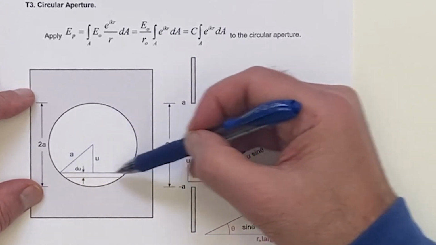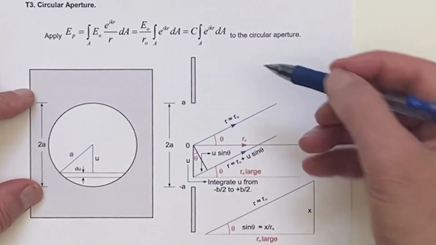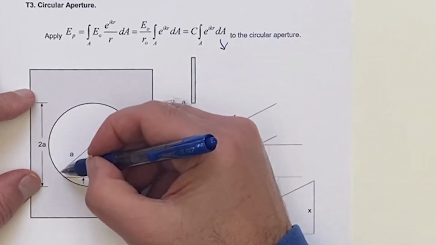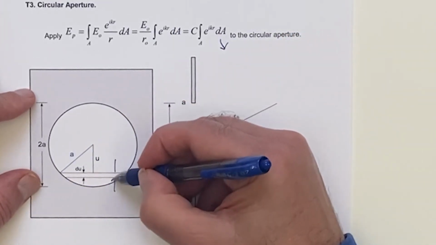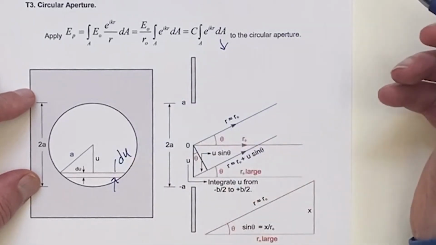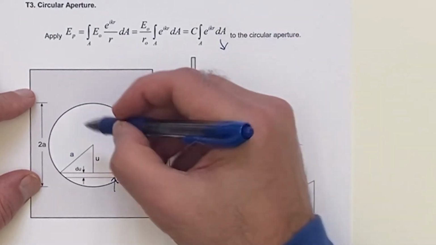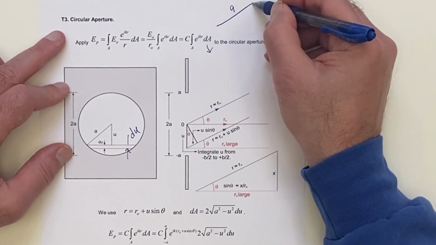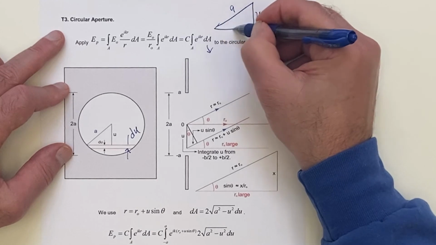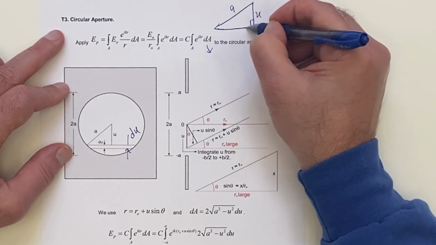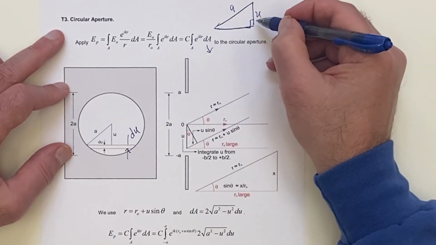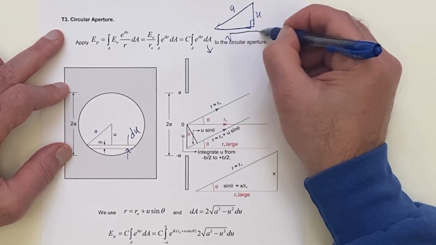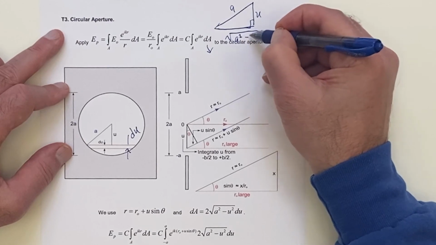So we look at the strip, and that strip for our area is going to be the strip length times the du. Well, what is that strip length? If you look at this, you have a radius A, you have your u variable, and this is half of that strip length. This is going to be the square root of a squared minus u squared.